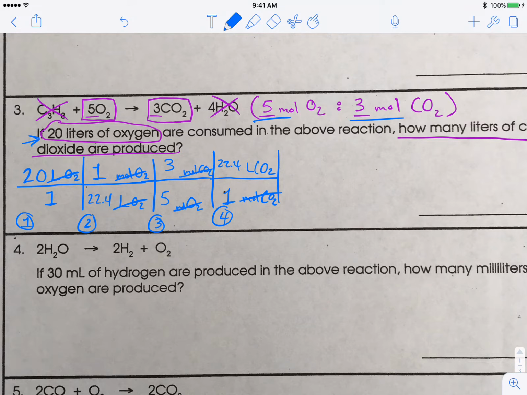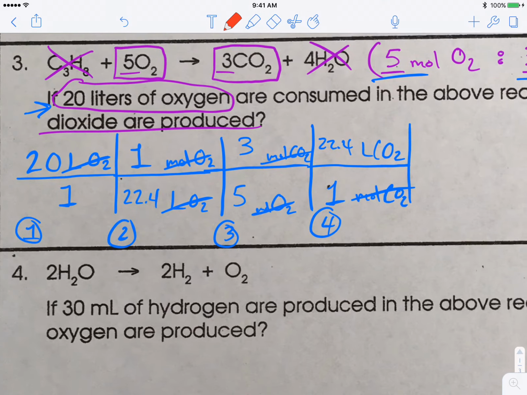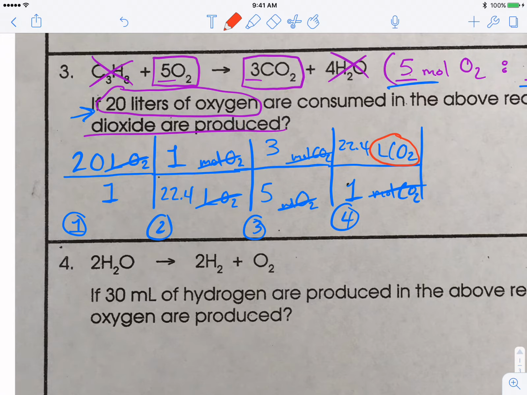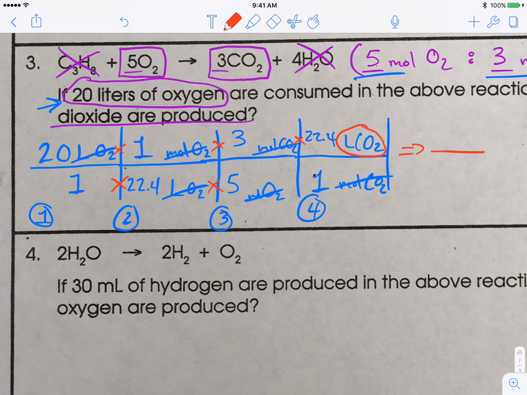We cancel out the mole of CO2, and we are left with, let me zoom in, liters of CO2 as my unit. Recall that in order to get the final answer, we just need to multiply across. We multiply all our numerators together, sorry about that, to get a final numerator, and we multiply all of our denominators together to get a final denominator.